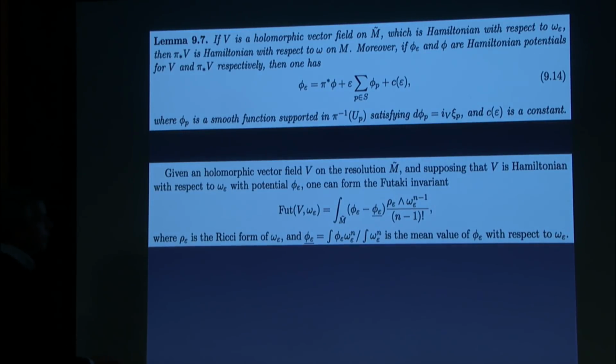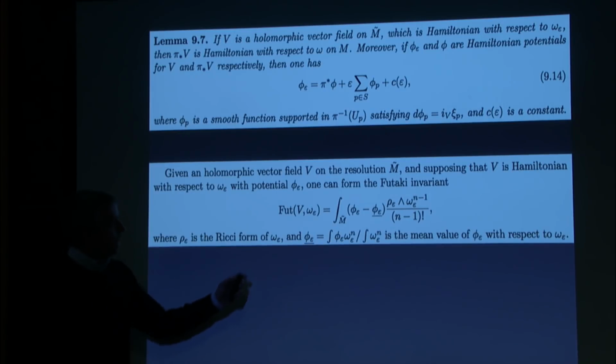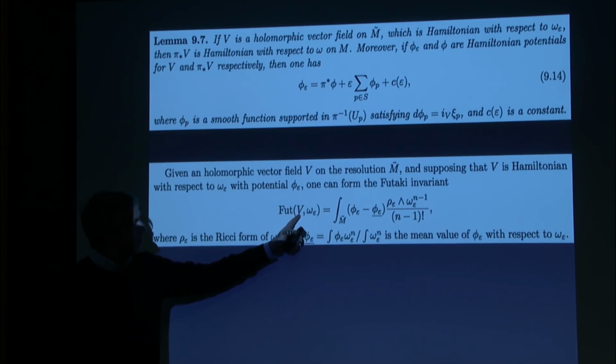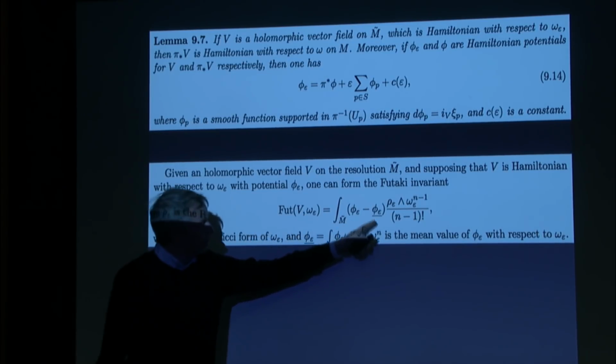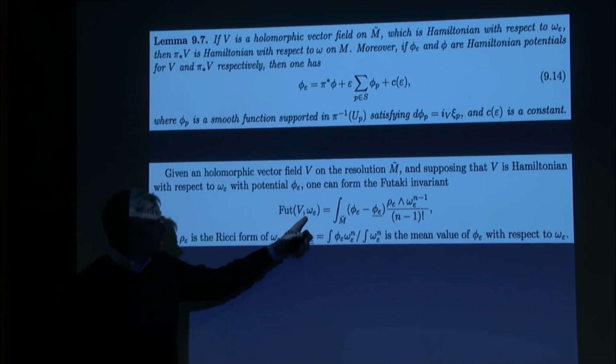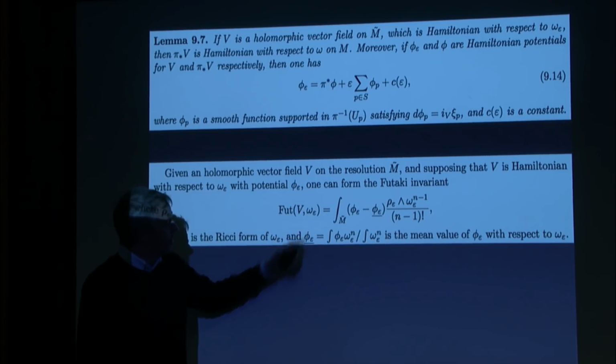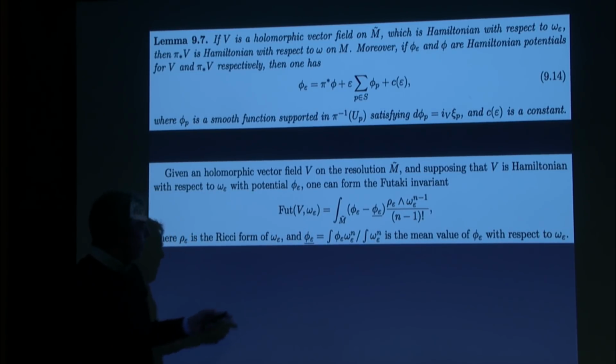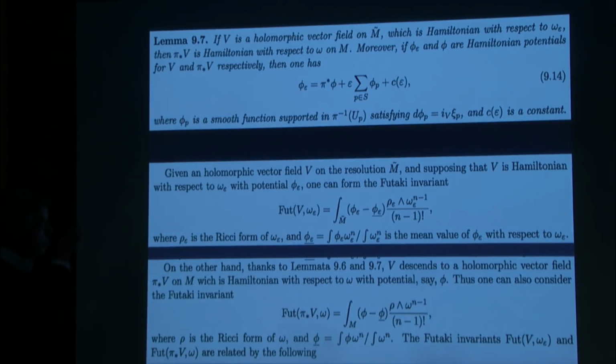Once you are there, what are we really doing? We have the resolved manifold with an approximate metric, an approximate solution. And we would like to know what is the Futaki invariant of this Kaehler class with respect to this holomorphic vector field. But at the same time, we can push down the vector field.